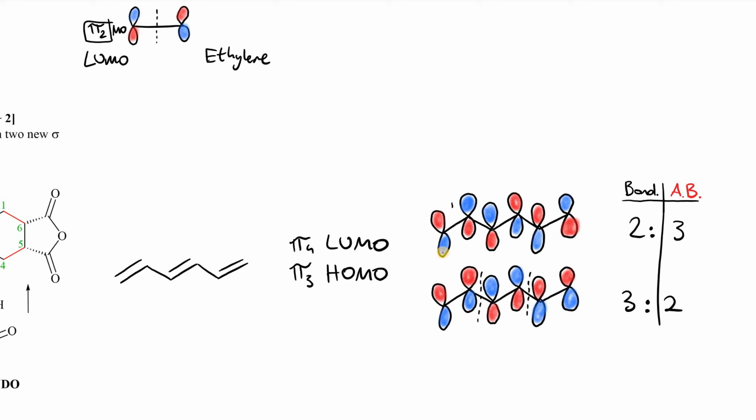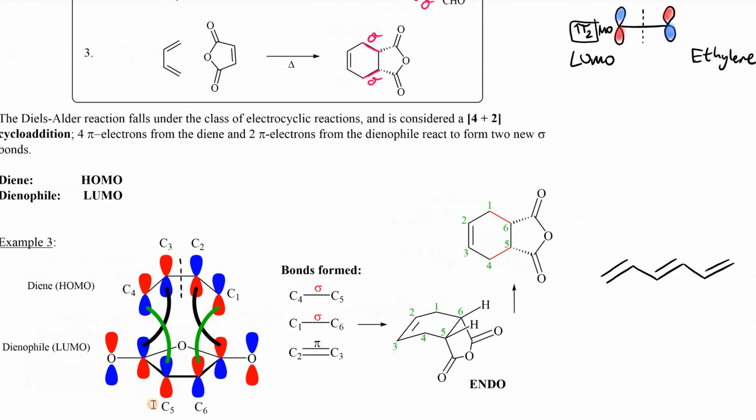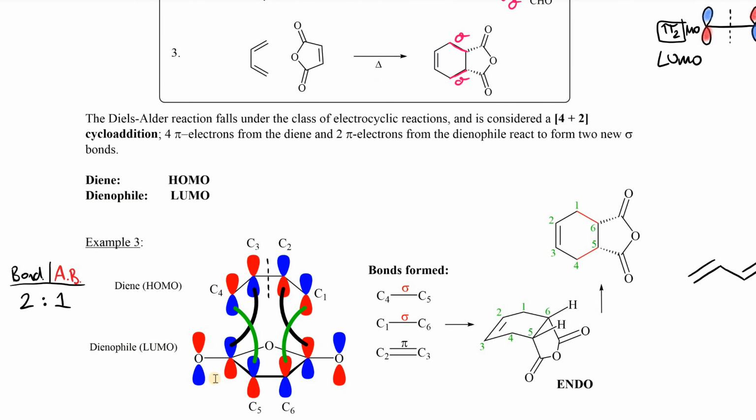One right here, one right here, and one right here. So 3 antibonding interactions, 2 bonding interactions. This is our LUMO. Now let's keep this molecular orbital in mind and look at maleic anhydride, which is really the same thing. We need 3 antibonding interactions and 2 bonding.